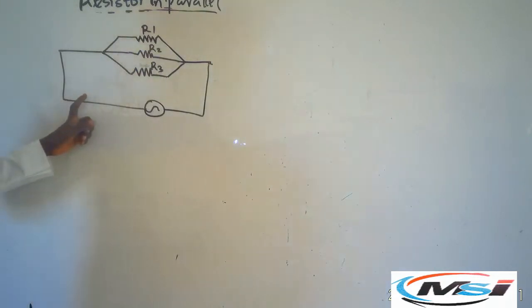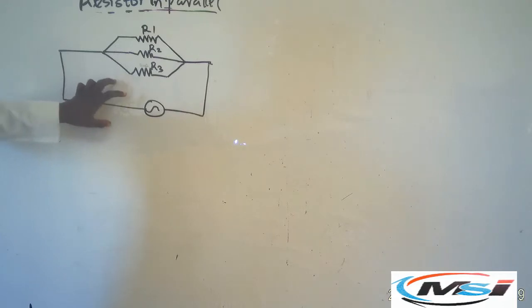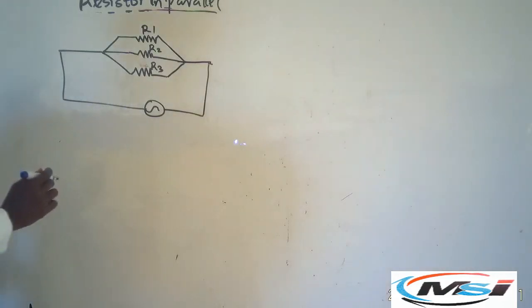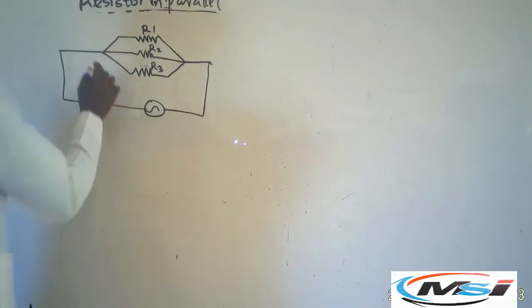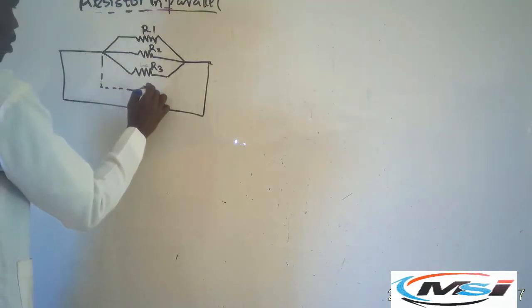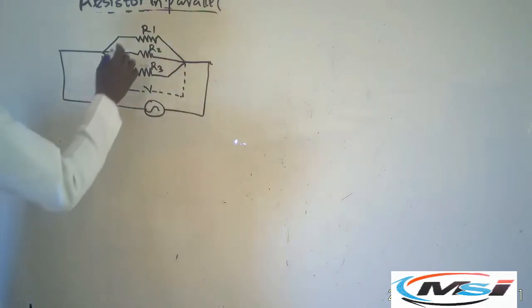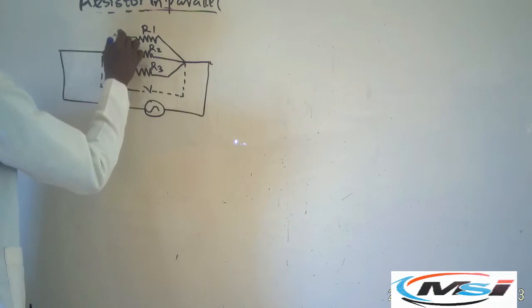Now take a look at this circuit, something different from series connection. And what is that? The same voltage but different current.